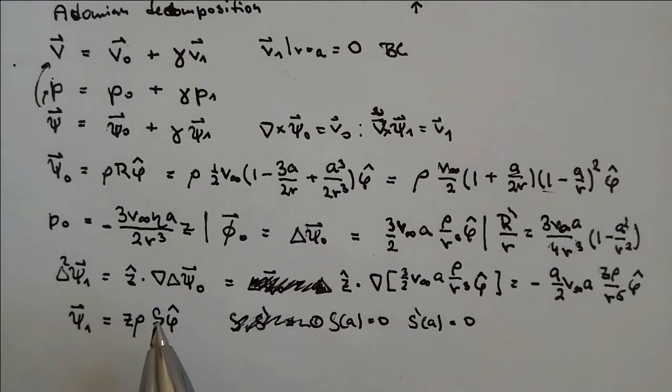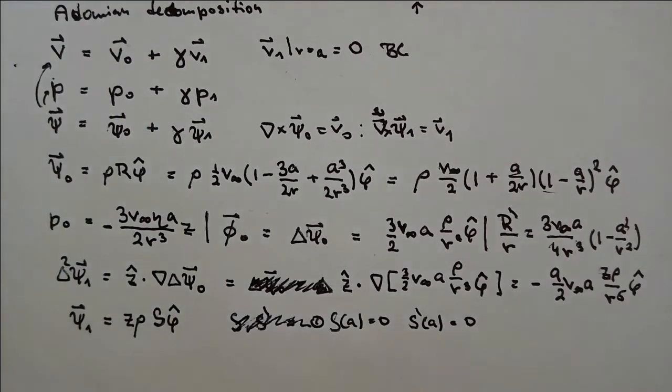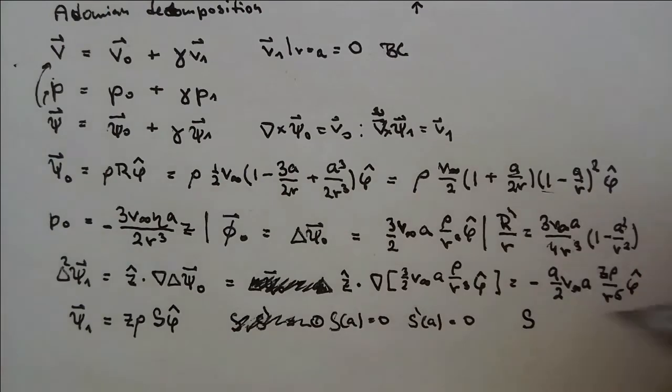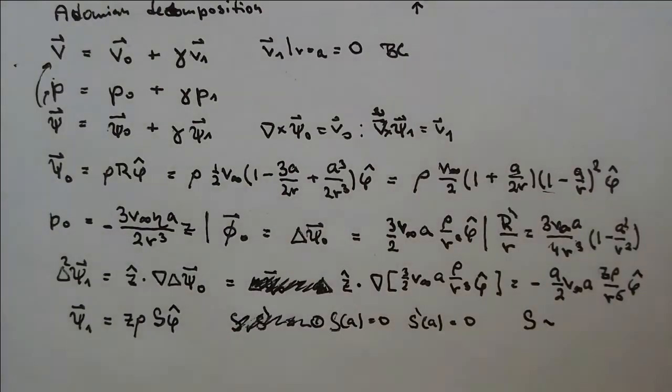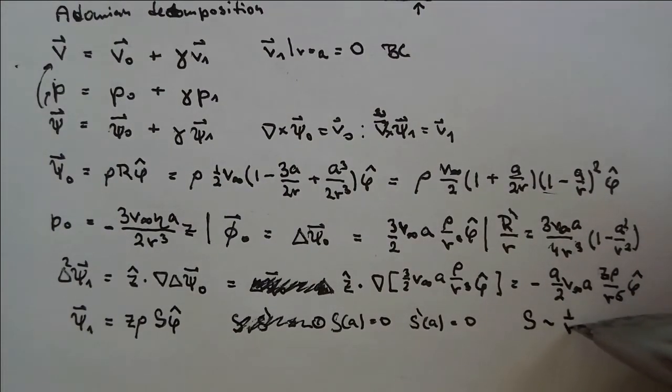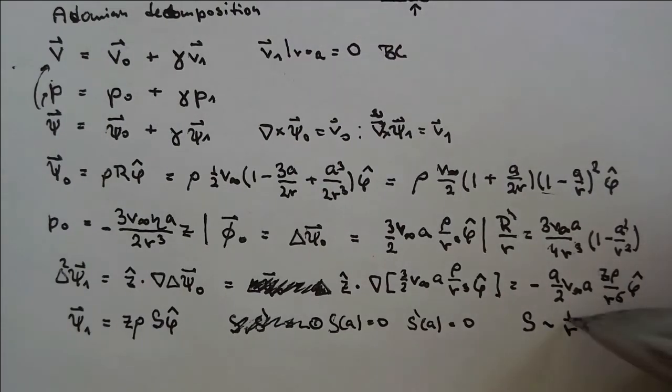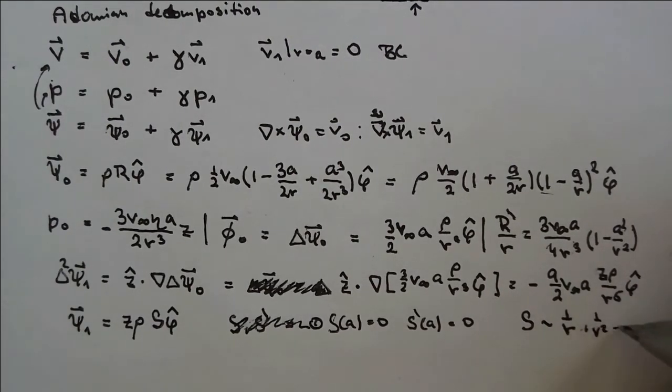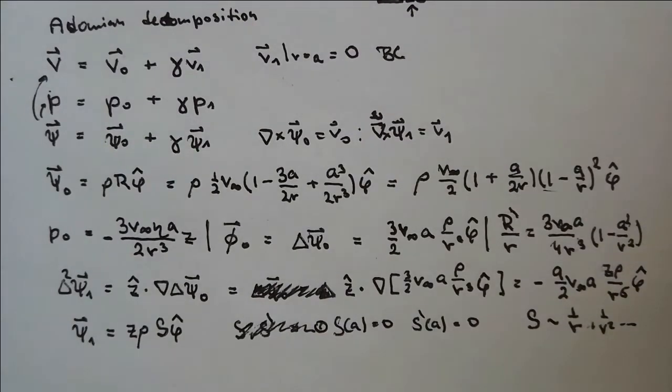So s has to be at least a function of 1 over r and more power. So 1 over r squared and 1 over r cubed, whatever. But not a constant, because otherwise it will blow up. Not a function of r squared, etc. So s can be a function of 1 over r, but not a constant. So it's 1 over r, 1 over r squared, etc. It's a simple condition.